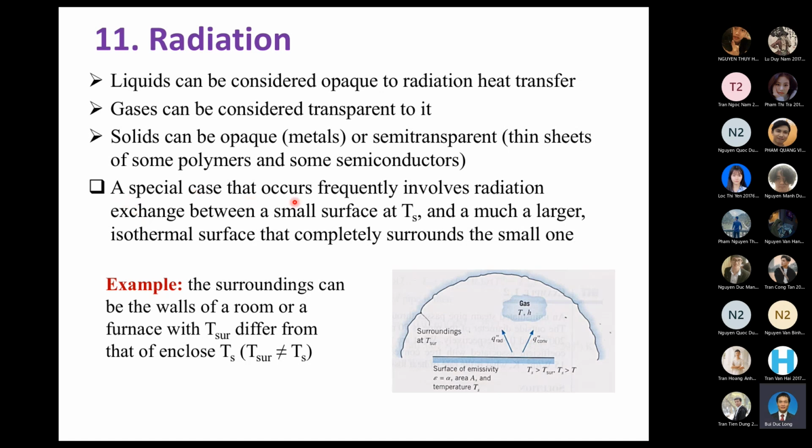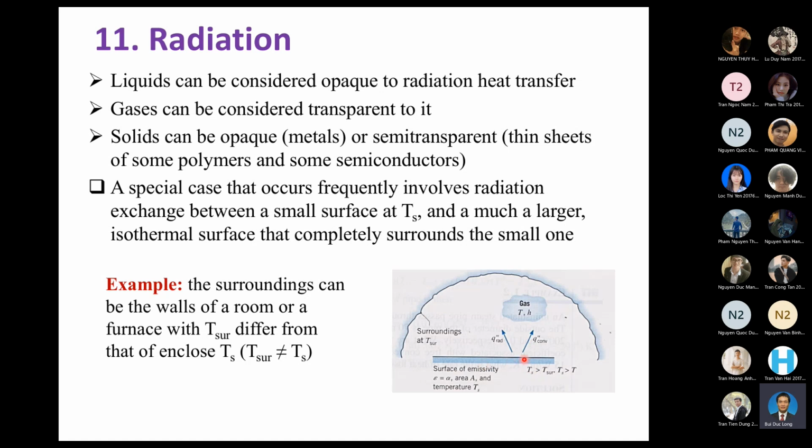A special case that occurs frequently involves a radiation exchange between a small surface at Ts and its surroundings. Here you can see one small object exchanging heat with the surrounding environment at temperature T surround. The temperature of the surroundings will be different from the temperature of this object.